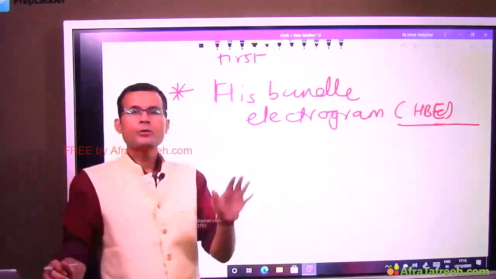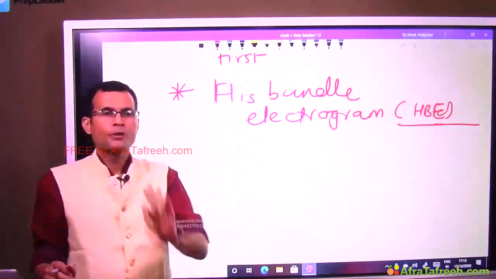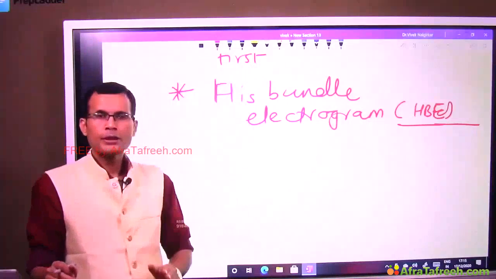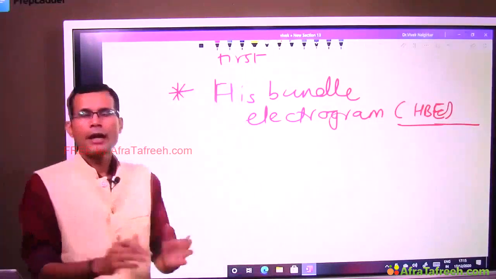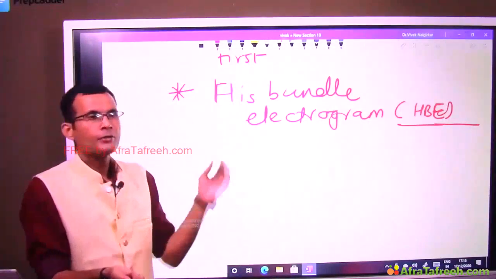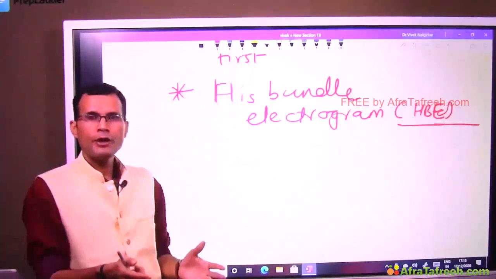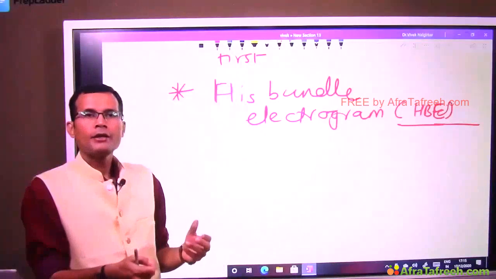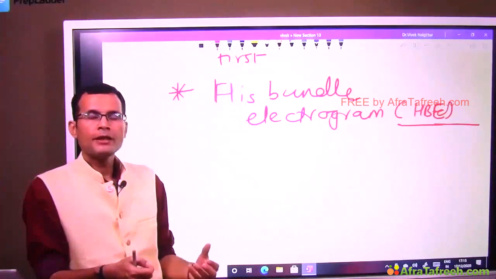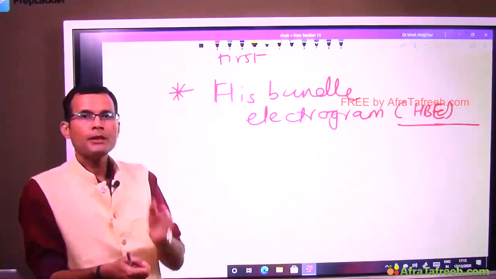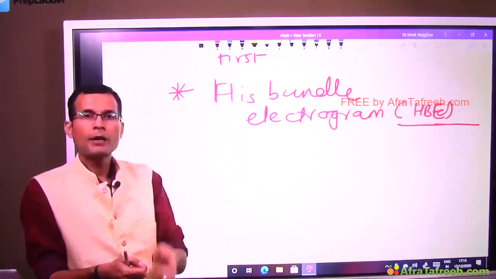A 50-year-old male was brought to the emergency, and his ECG and HBE were recorded, and he is a suspected case of RBBB, right bundle branch block.